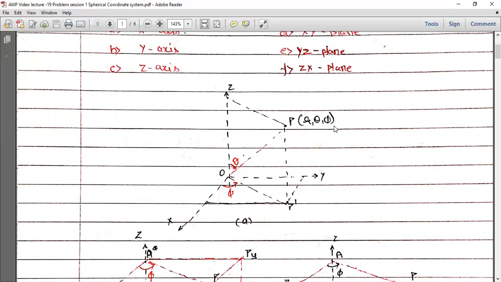So, as you can see here, point P is having three coordinates r, theta, and phi in spherical coordinate system. The first coordinate r means the distance of this point P from origin. So this length OP here is the first coordinate r itself.